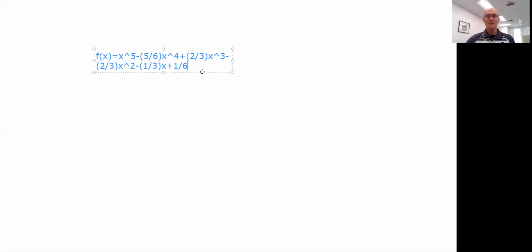Now, what you'll notice here, if you remember, is that if I multiply a polynomial function like this by a number in front, then I don't change the roots. All I do is change the amplitude.